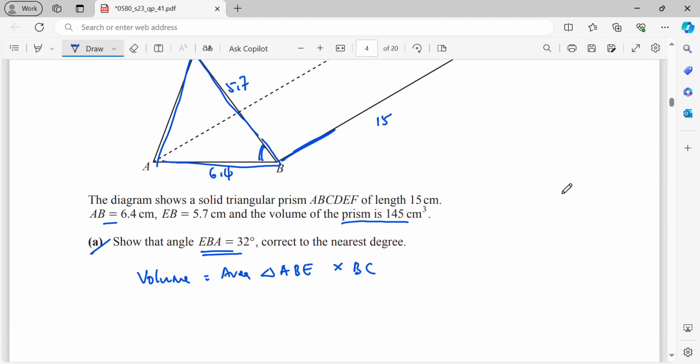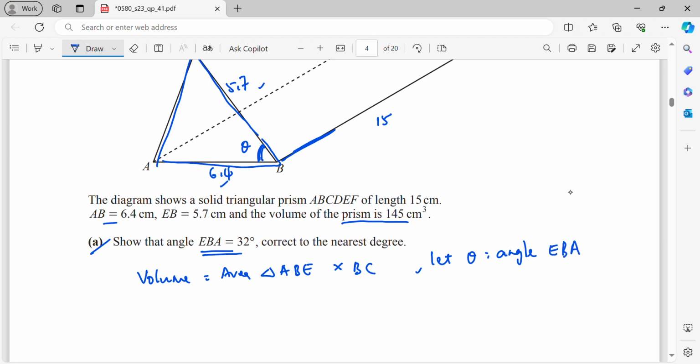Then the area of the triangle: because you are given two sides, and you need to show this angle, I let this angle be theta. So let theta be the angle of EBA.